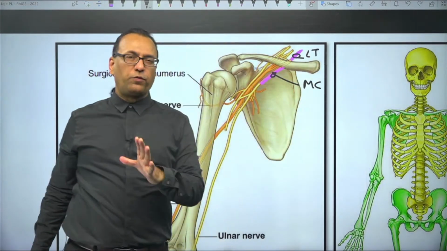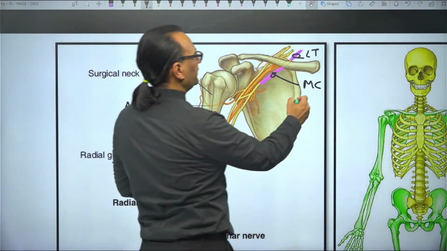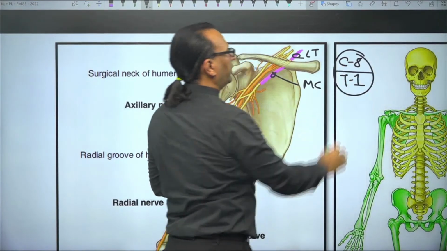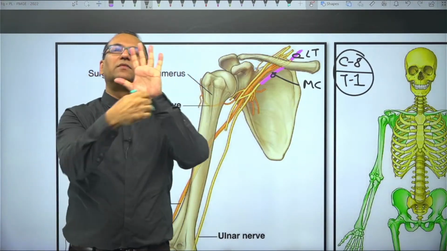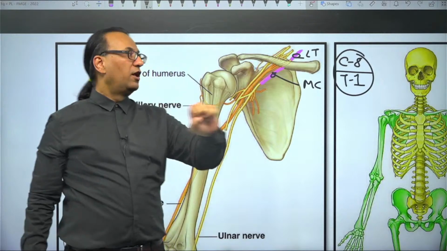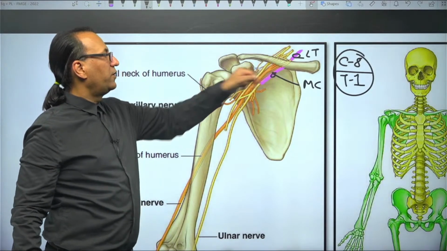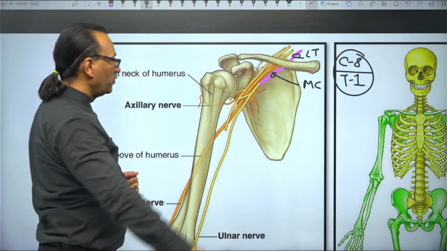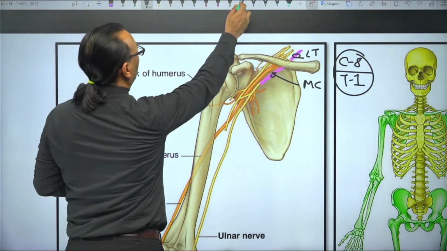Root value? Root value is C8 and T1, which is the root value of hand muscles also, especially lumbrical and interossei. They are supplied by lower trunk of brachial plexus, which continues as medial cord of brachial plexus, which then continues as the ulnar nerve.